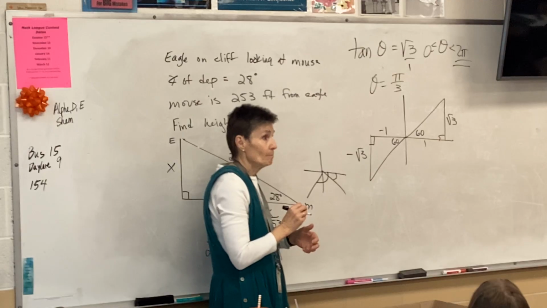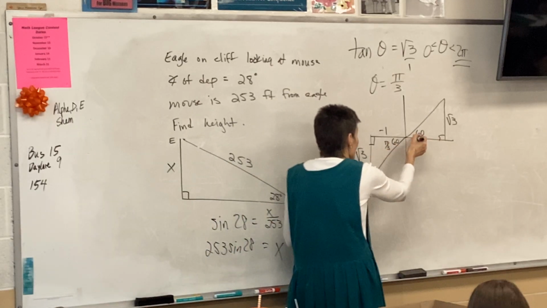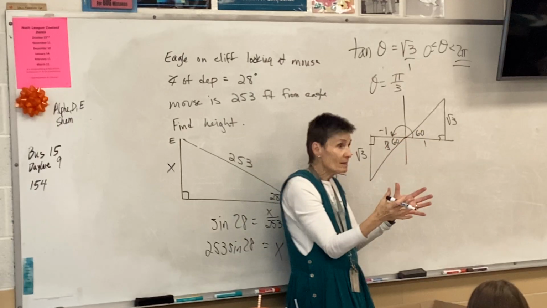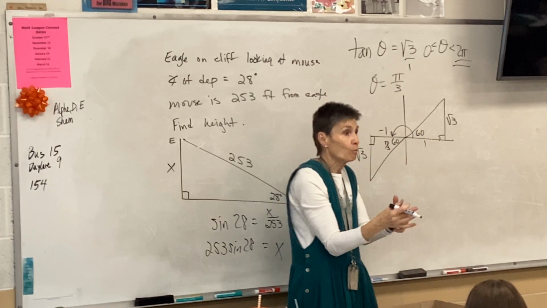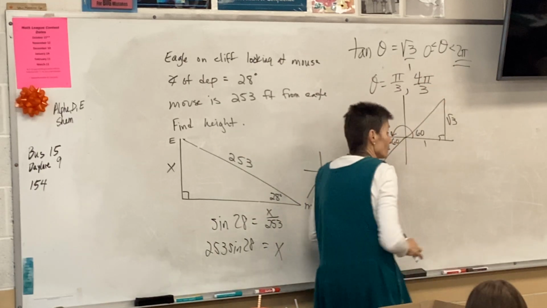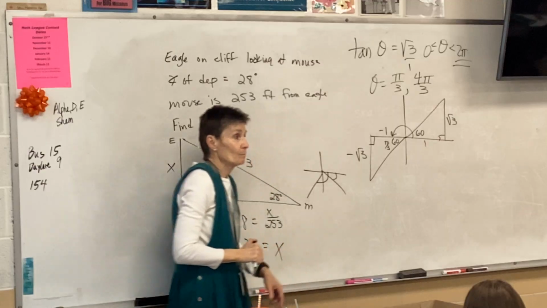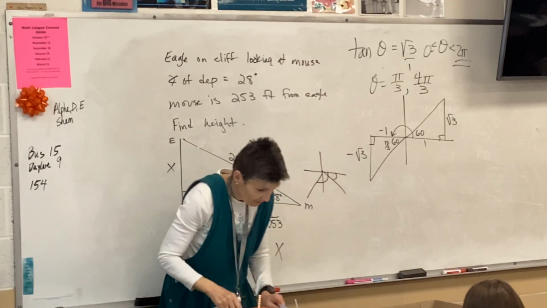Right? But what about radians? Well, this is pi over 3. So isn't this a pi? So it's a pi and a third? 4 pi over 3. Right? Okay.